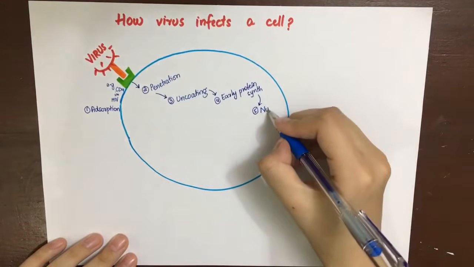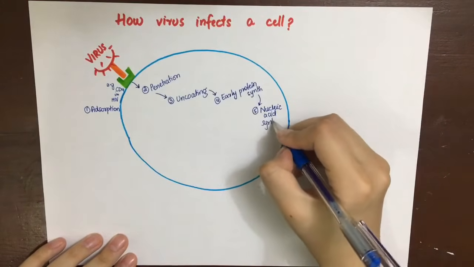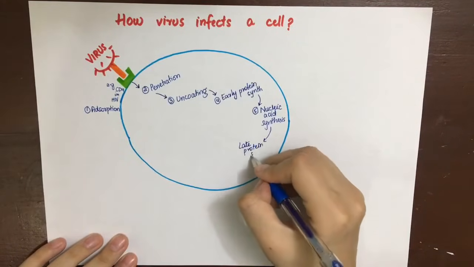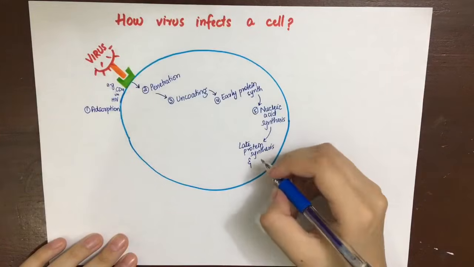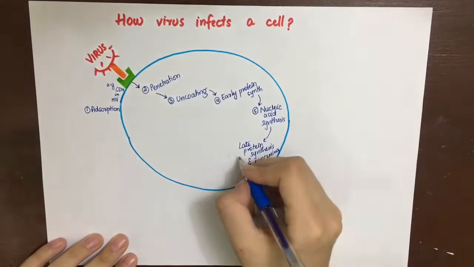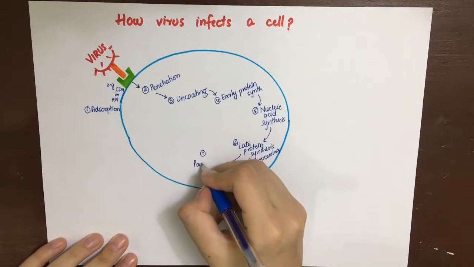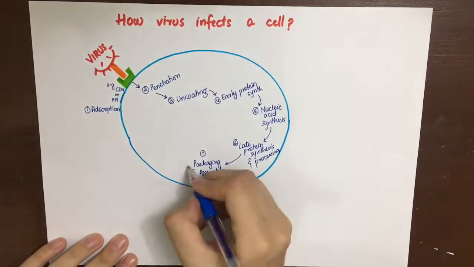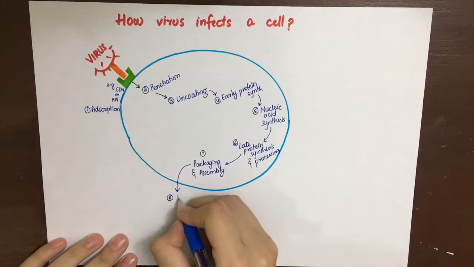Firstly, there is early protein synthesis, and then there is the nucleic acid synthesis, which is the actual aim of the virus. And then after the nucleic acid synthesis, there will be protein synthesis and new viral particles will be packaged and processed and thus released to infect more cells.